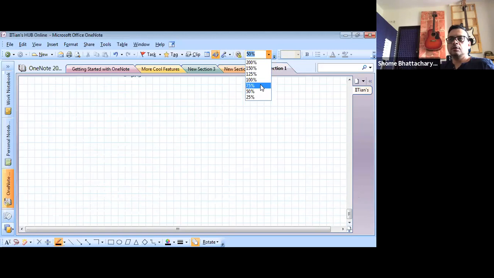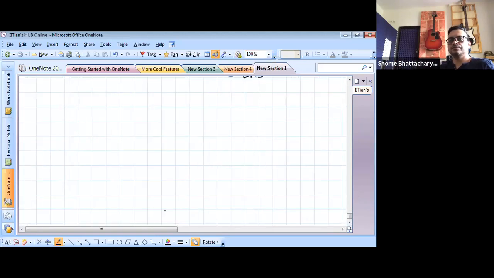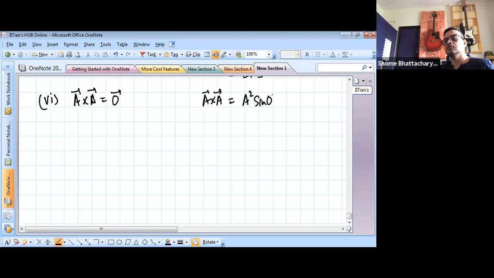Okay. Now moving on to something very important. The cross product of any vector with itself is a null vector, because sine 0 is 0 and the direction is not defined.